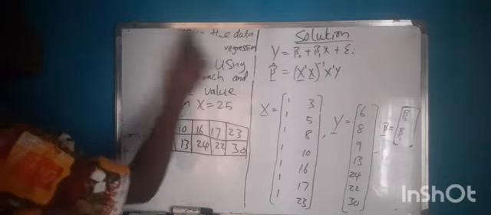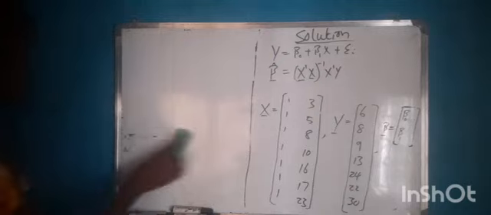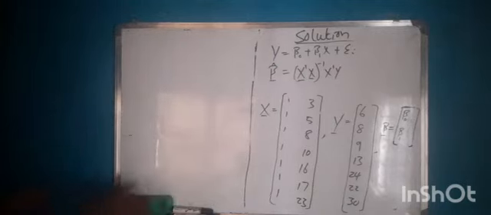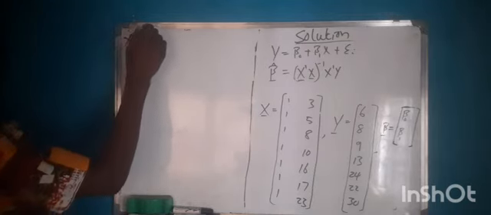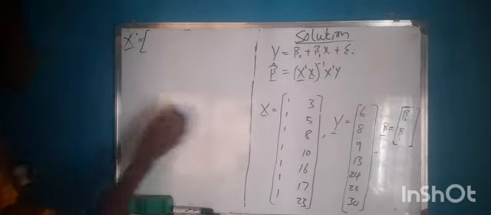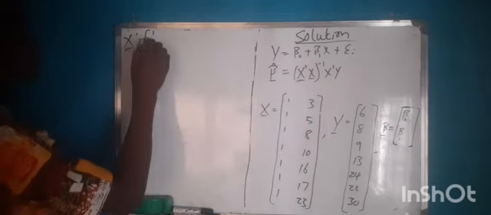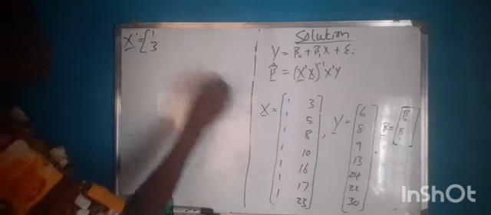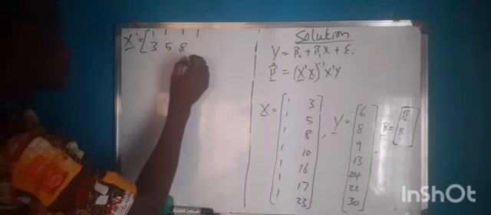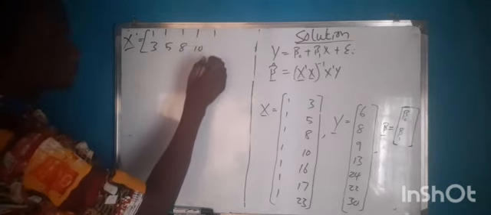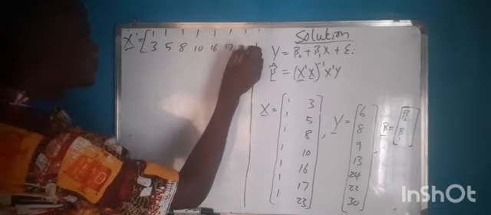So if we perform this, X transpose will give us 1, 1, 1, 1, 1, 1, 1 as the first row turns to the first column, and 3, 5, 8, 10, 16, 17, 23.